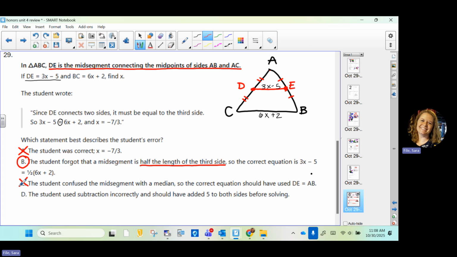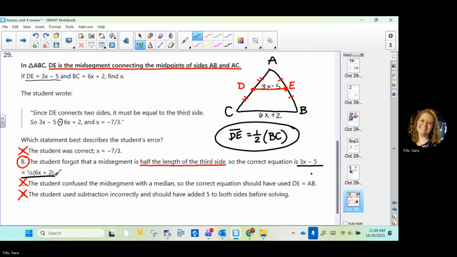And the student used subtraction, and no, they didn't make a mistake in their solving. They made a mistake in their setup. Okay, we feel okay about that? I'm going to add here that DE, because it's a mid-segment, is half of BC or CB, however you want to word that. So that is what this equation says right here. Are we good?